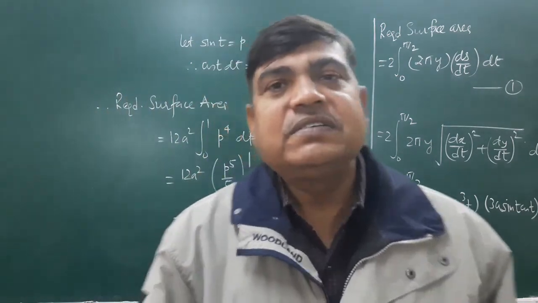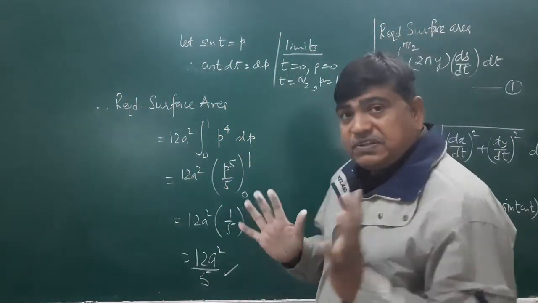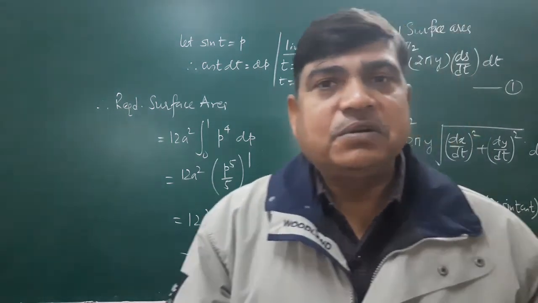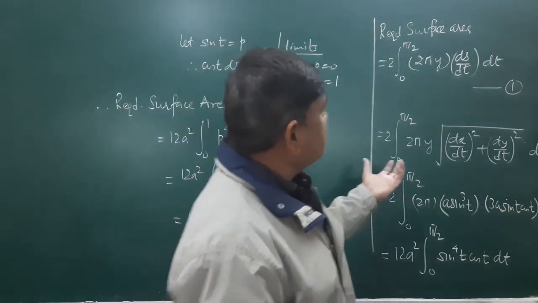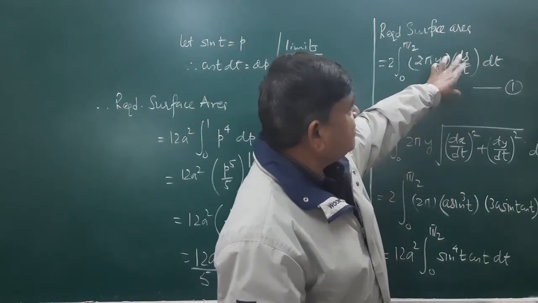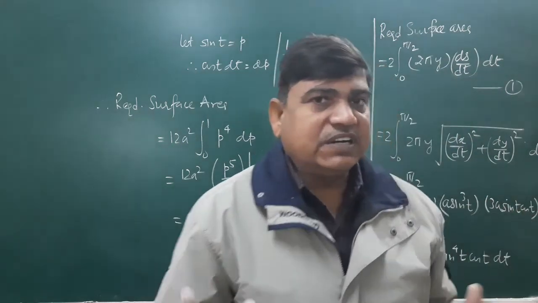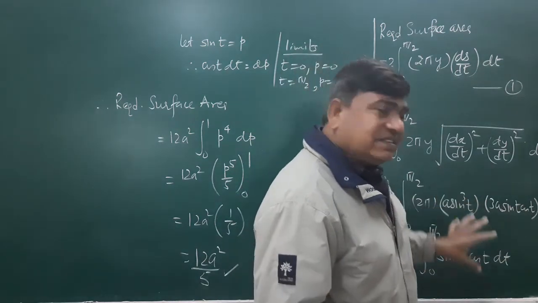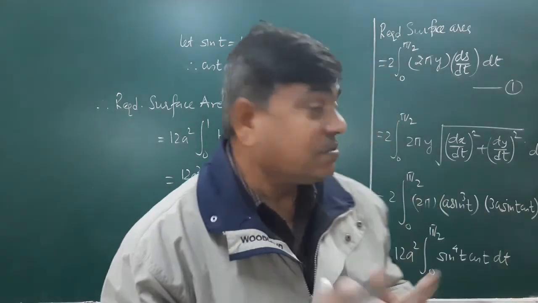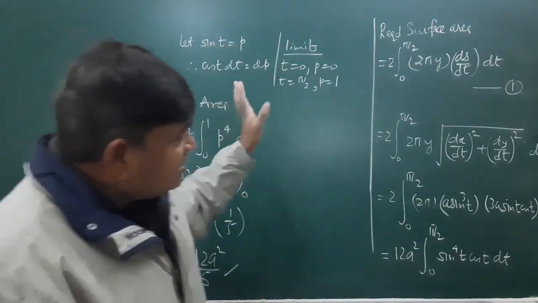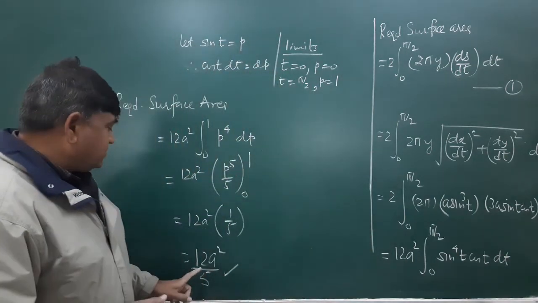This is a standard question. So if we use the parametric equations, people know that ds is replaced by ds by dt dt, and ds by dt, people know from calculus, मैं आपको पढ़ा चुका हूँ कि इसको किस तरह से सिंप्लीफाई करते हैं, किस तरह से इसको कैलकुलेट करते हैं. And after getting the answer, we found it is 12.